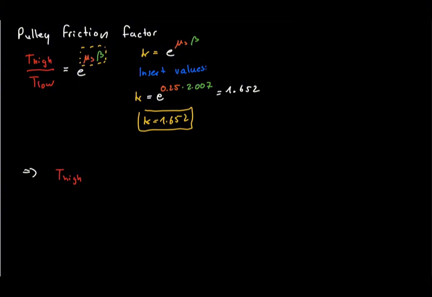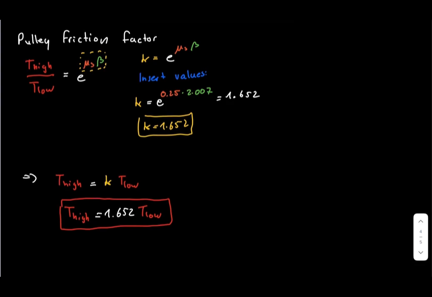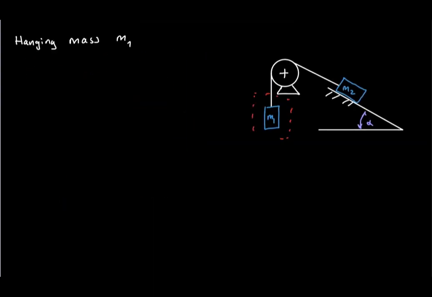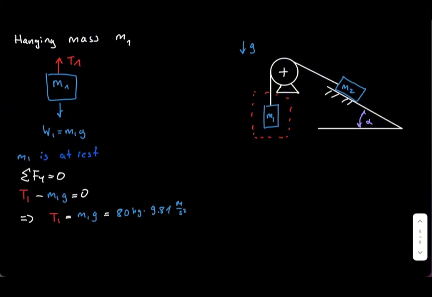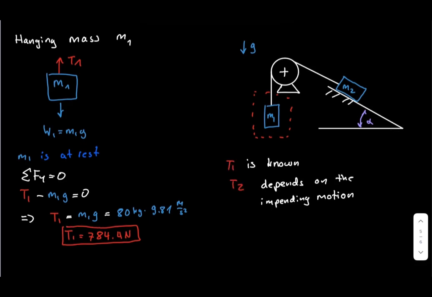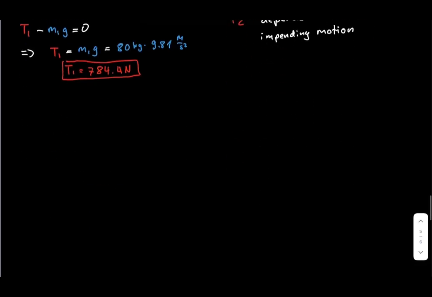This means that at the friction limit, the higher rope tension is 1.652 times the lower rope tension. Now consider the hanging mass. Since it is at rest, the tension T1 equals its weight. This gives 784.8 newtons. We now analyze two limiting cases.